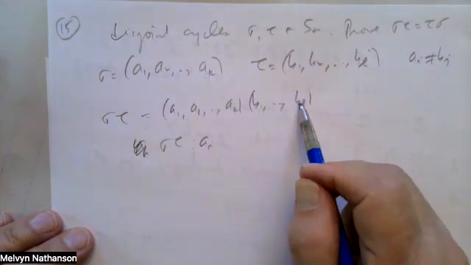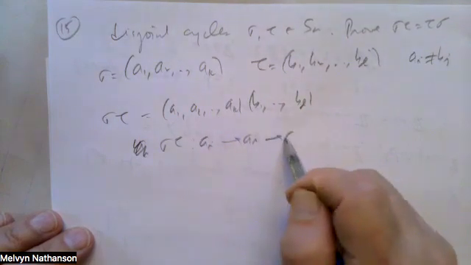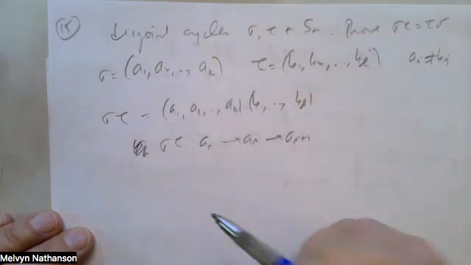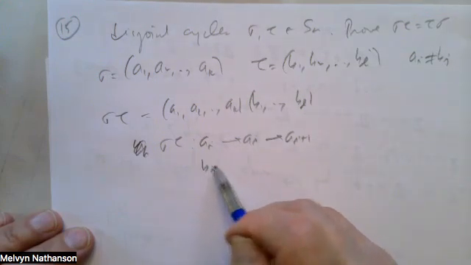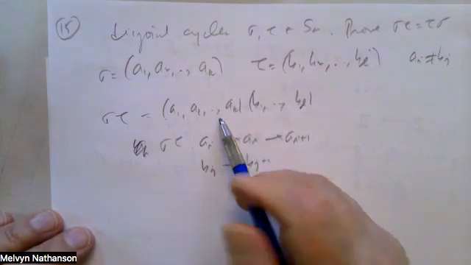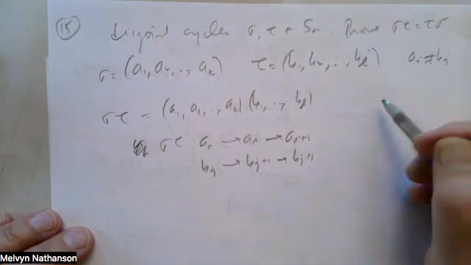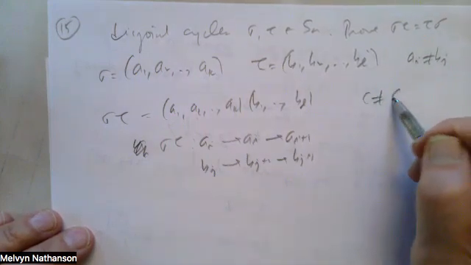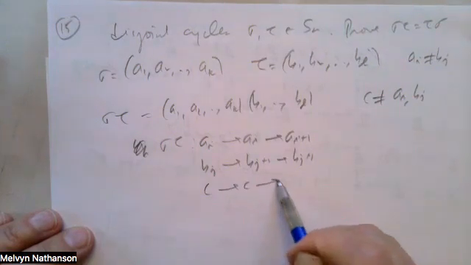This sends a_i to a_i, and this sends a_i to a_(i+1), unless it's coming back on itself. And this sends any element b_j to b_(j+1), and this doesn't involve any b_j, so that's b_(j+1). And if I take a c not equal to a_i or b_j, c goes to c goes to c.